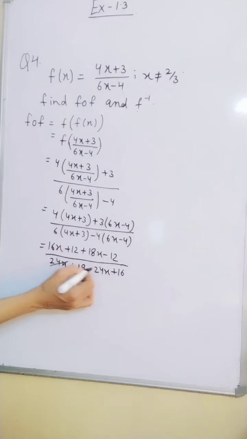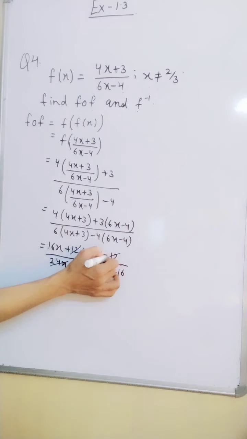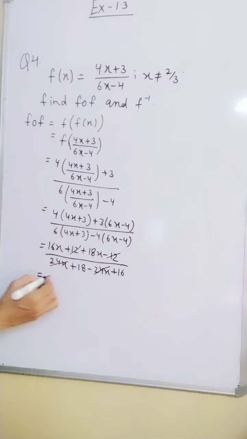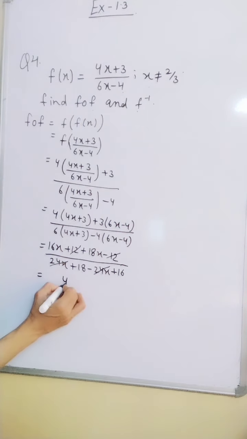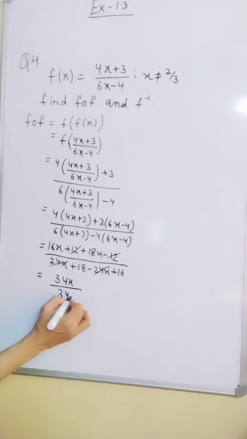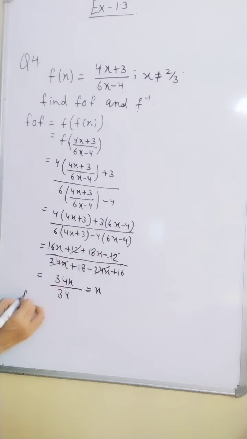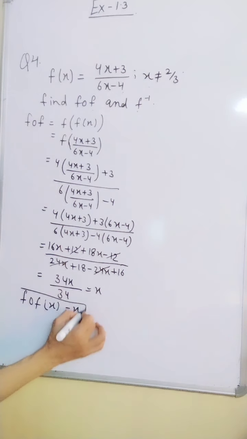So the 24x cancels with the other 24x term, 12 will cancel with the other term, and we will get 34x over 34, so we are getting x. So f of f(x) is equal to what? x. This we are getting.